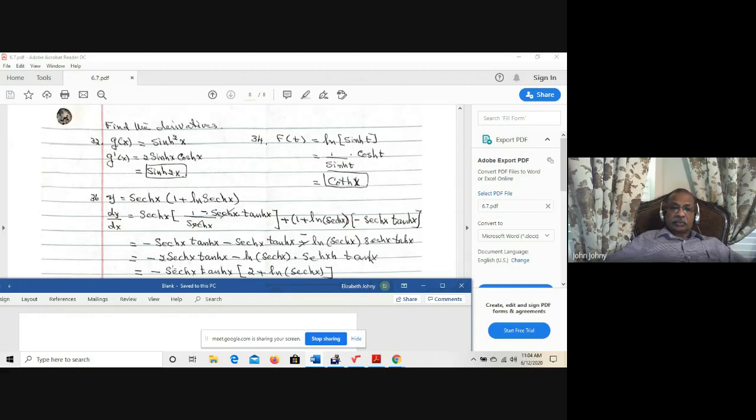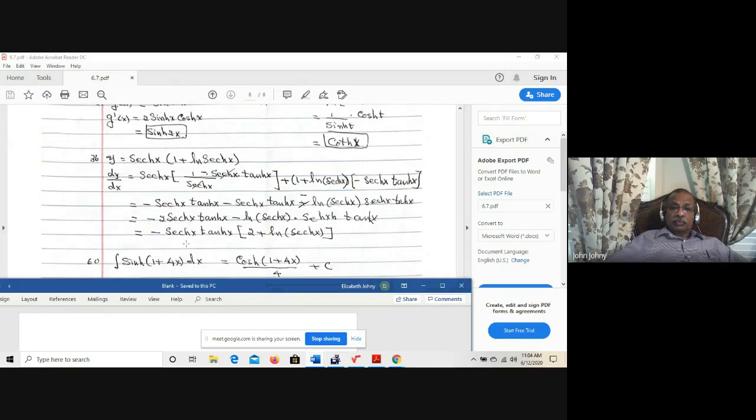That is negative 2 sech x tanh x when you combine these two, minus natural log of sech x times sech x tanh x. Pull out the common factor: negative sech x tanh x times 2 plus natural log of sech x.